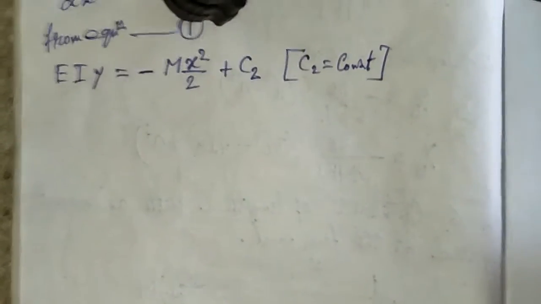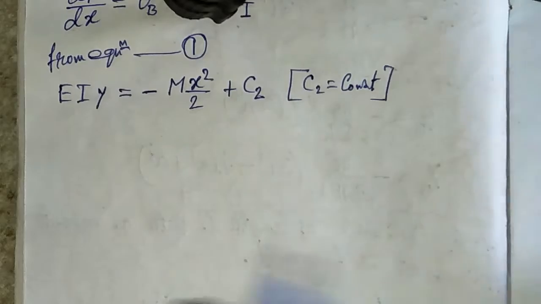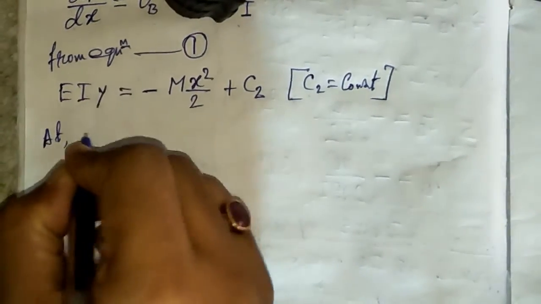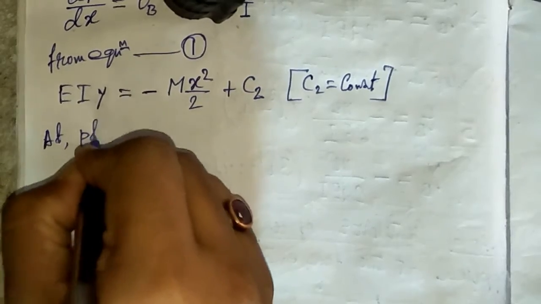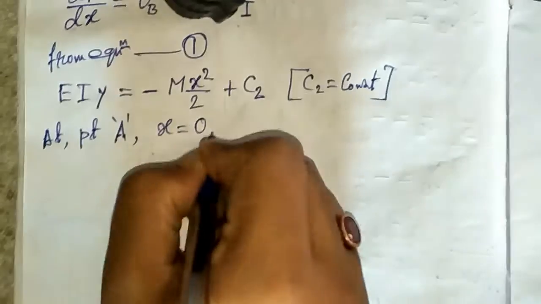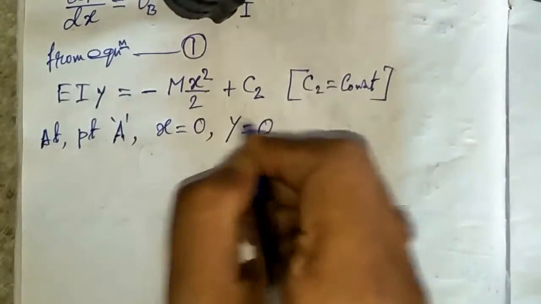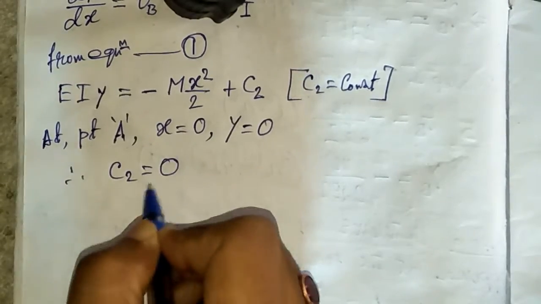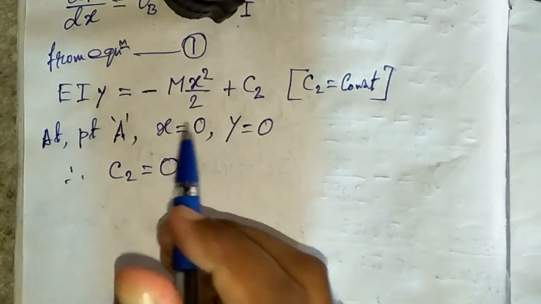Similarly, again we have to substitute the boundary conditions. At point A, the x value is 0 as well as the y value is 0. Therefore we get the C2 value is 0.